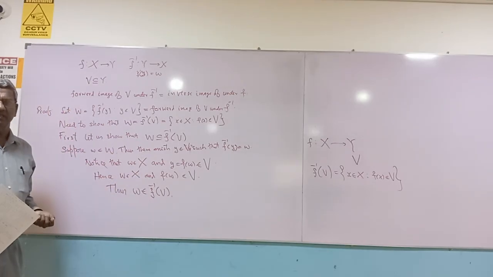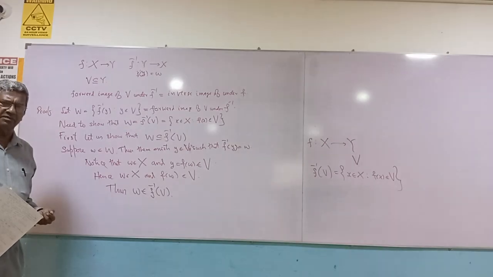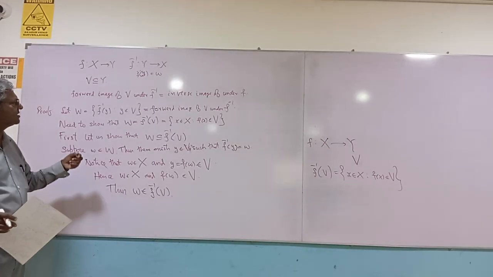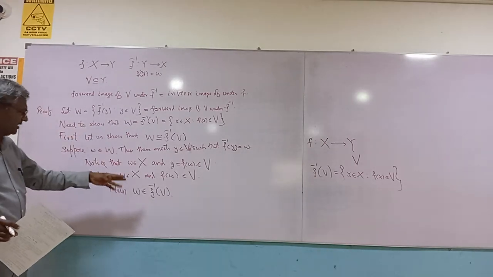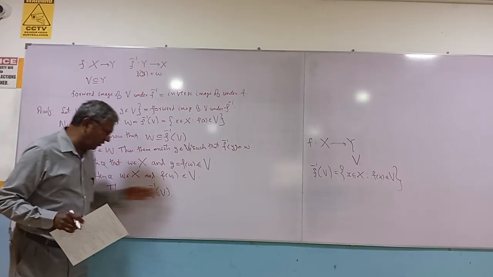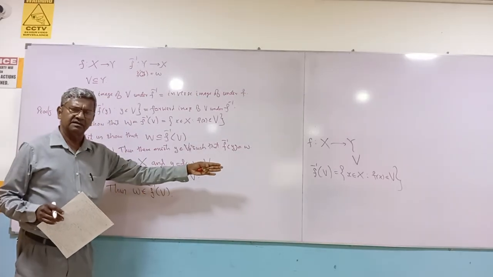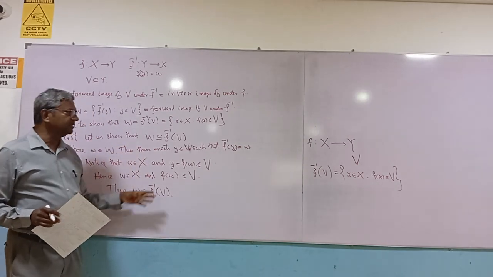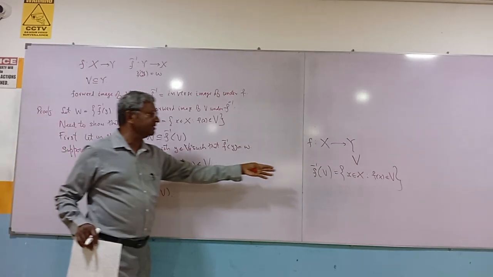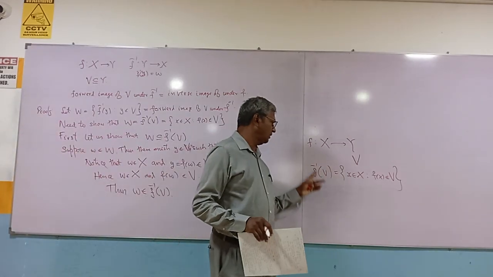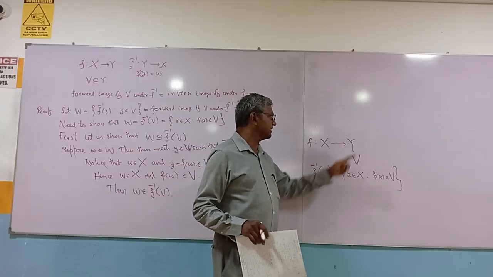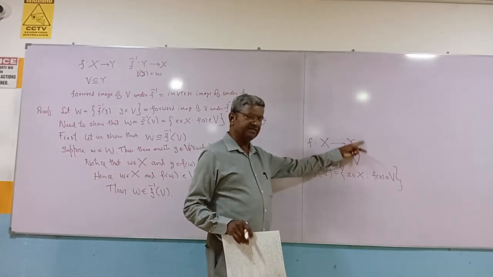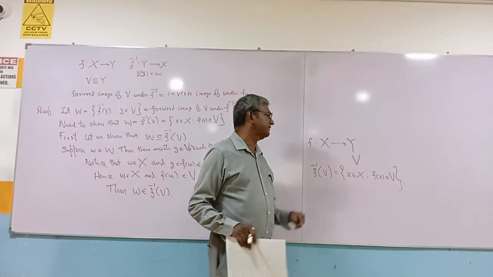When F is 1 to 1 it has an inverse, and when you write F inverse V somebody can think of the forward image of V under F inverse. Somebody can think, whether it is 1 to 1 or not, if V is a subset of the range set, you can define F inverse this way.